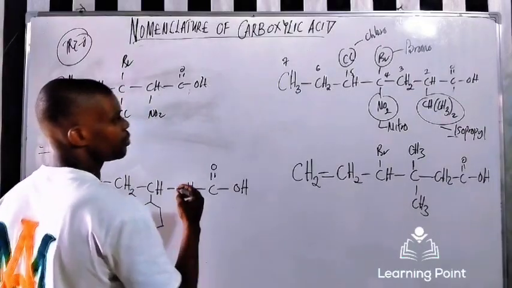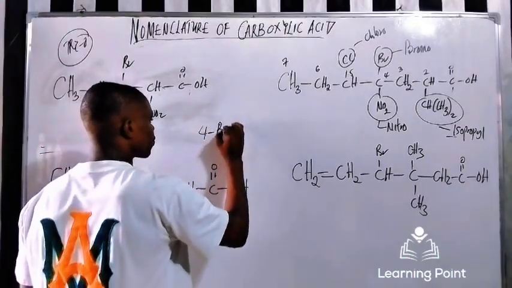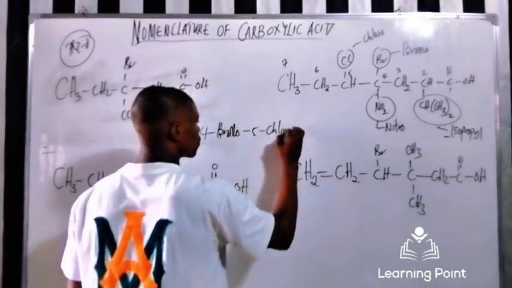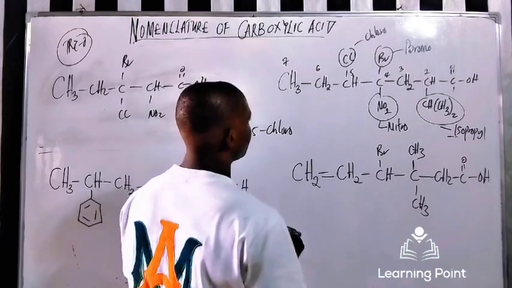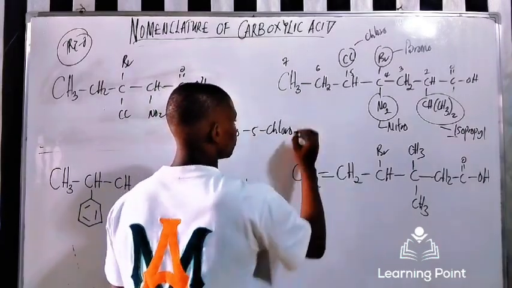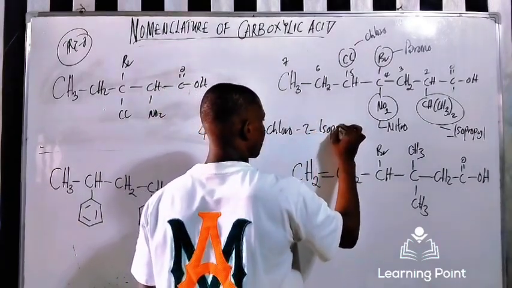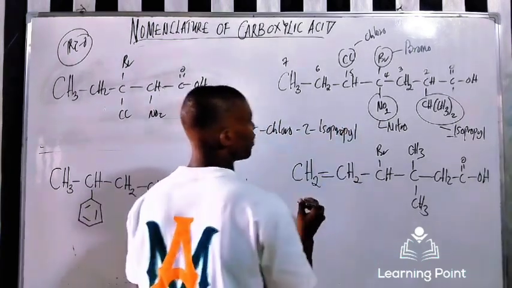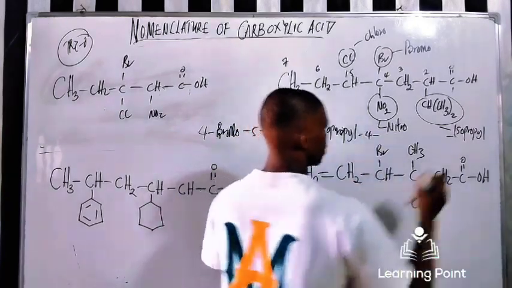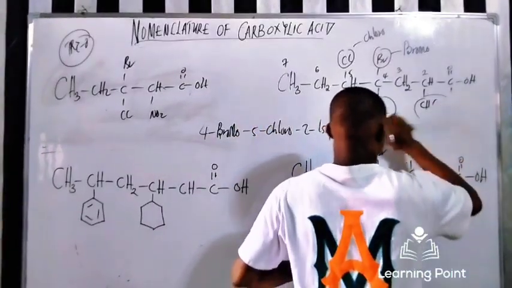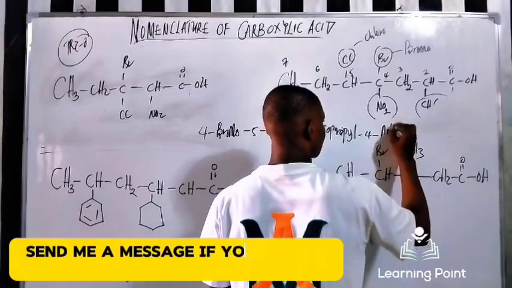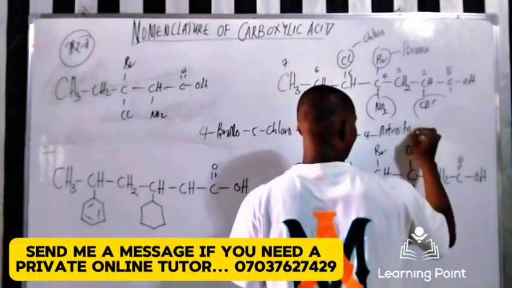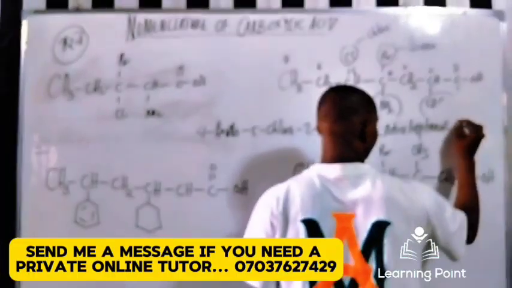So this is what it's going to look like. 4-bromo, then here we have 5-chloro, then here I have 2-isopropyl, then you have 4-nitro heptanoic acid.